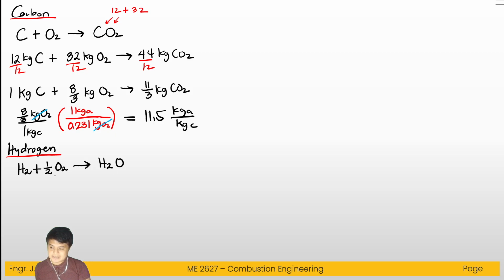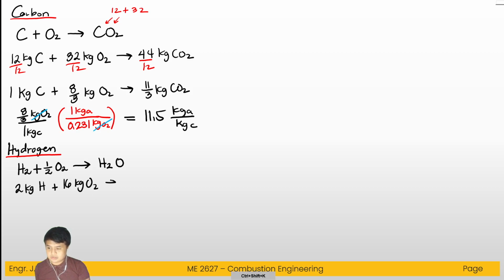Now, if you find the molecular weight, you have 2 kilograms of hydrogen. O2 is 16 times 2, which is 32, but divide by 2 since this is one half, so we have 16 kilograms of oxygen.